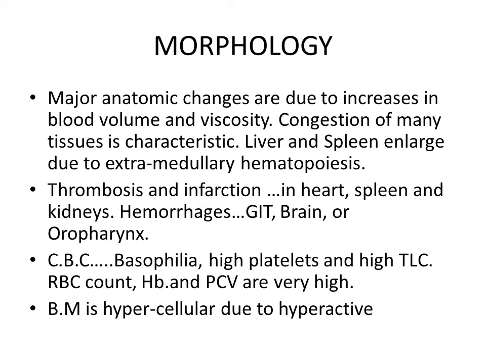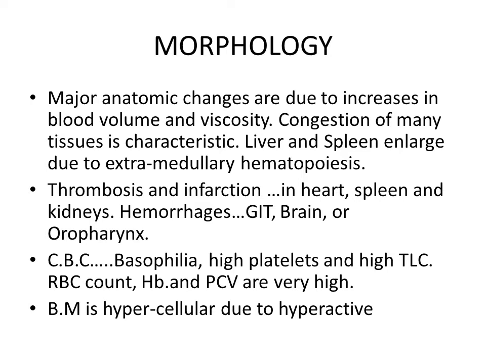So what will we see in a routine blood CBC? Typical findings are that hemoglobin will be very high, RBC count is high, TLC is high, and PCV may also be very high.